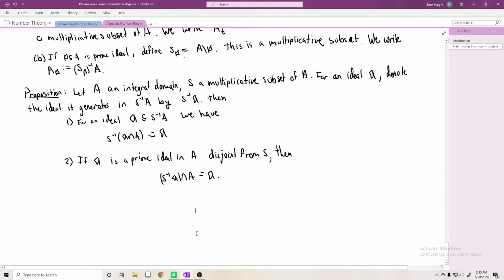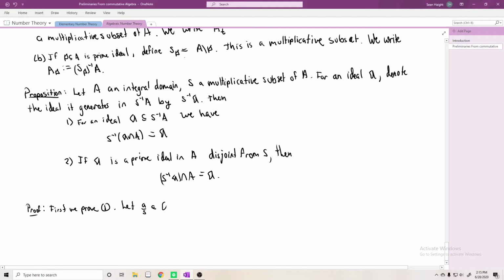So let's prove this proposition. First let's prove 1. We're going to let 𝔞 be an ideal in the localization.